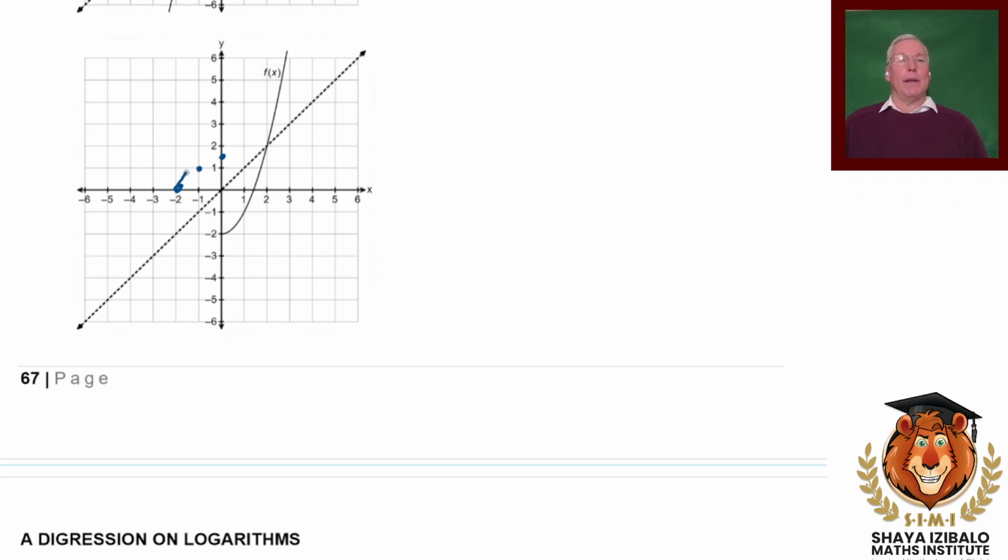And we can see what's happening. We're actually going to get a graph that's going to do something like this. This point is 2, 2. Swap 2, 2 around, and you still get 2, 2. And so we get a sort of piece of parabola that looks something like that. This is the inverse function.